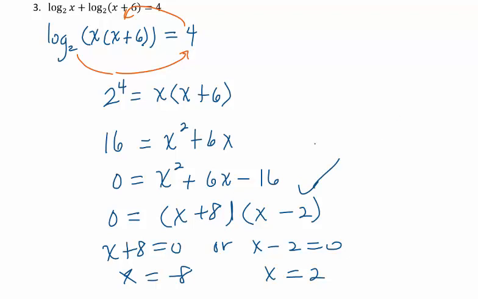Recall that one of the properties of logarithms is that the argument is never negative. So substitute the values of x that you found into the original equation and ensure that they work. Negative 8 does not work for that particular argument, but 2 would. And so our answer is just x equals 2.